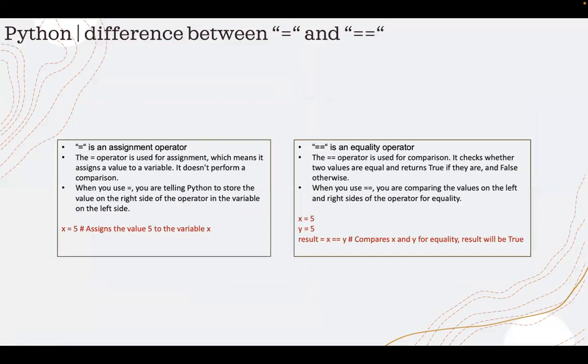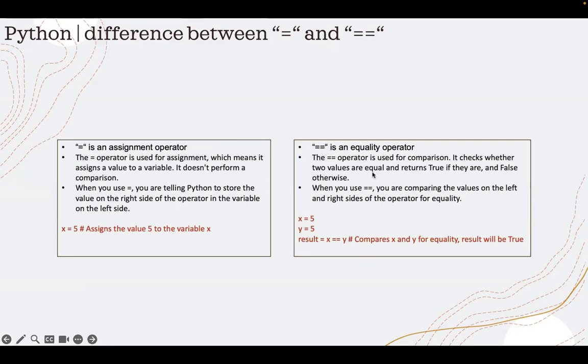And a quick difference between the equality sign and the double equal sign. What do they signify? The equal sign is an assignment operator, right? It is used for assignment. For example, if I say x equal to 5, that means the value 5 is assigned to the variable x. Whereas double equals is an equality operator.